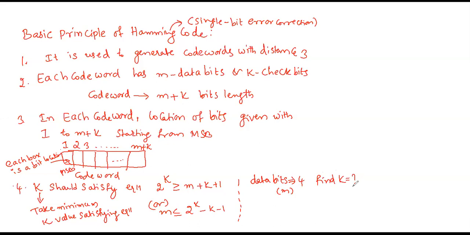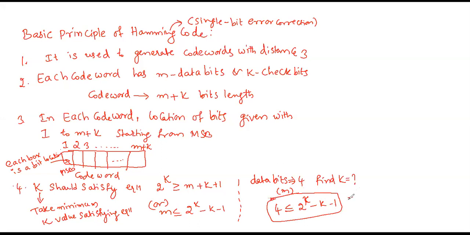Find the k. To find out the k, you have to use this equation: 4 should be less than or equal to 2 to the power of k minus k minus 1. Whichever value satisfies this equation, we have to go with those many check bits.